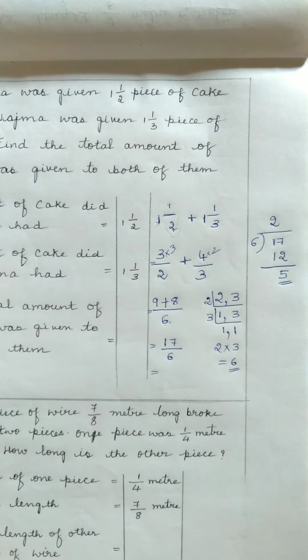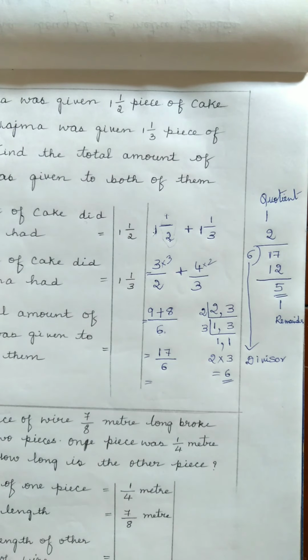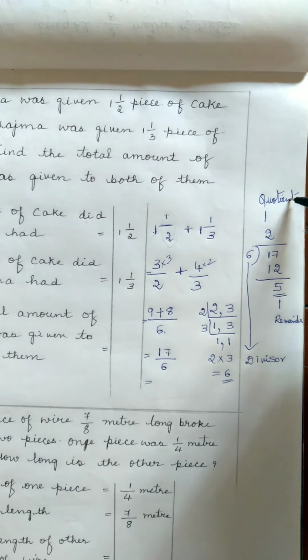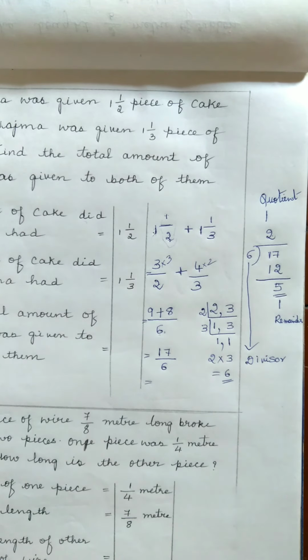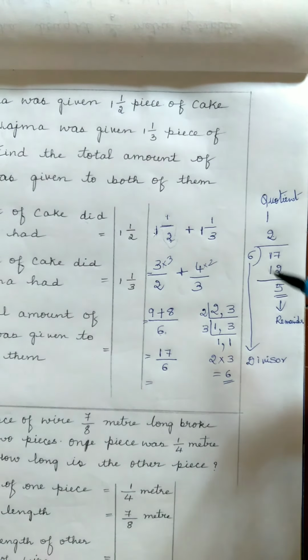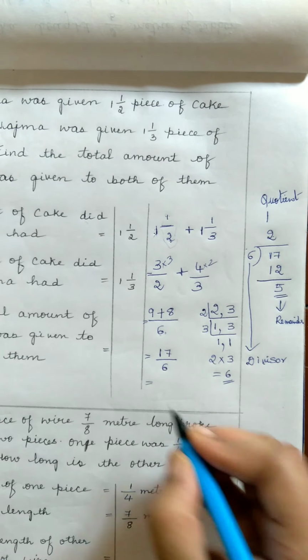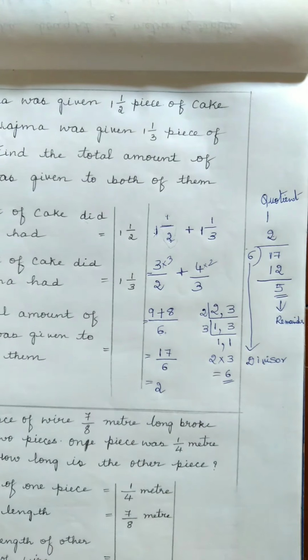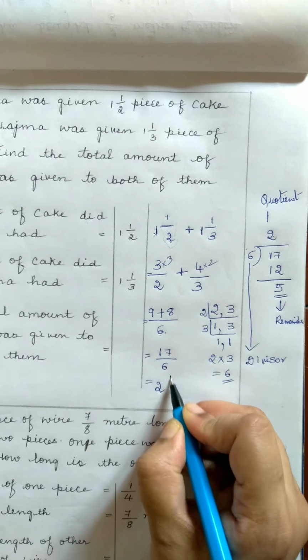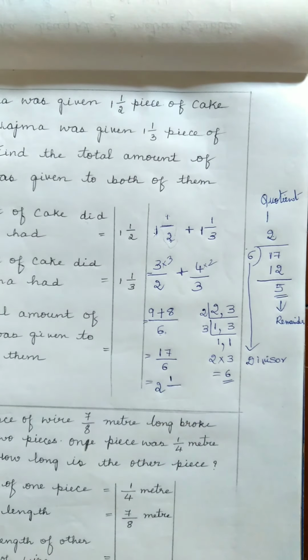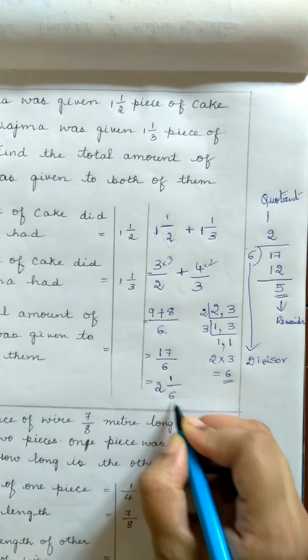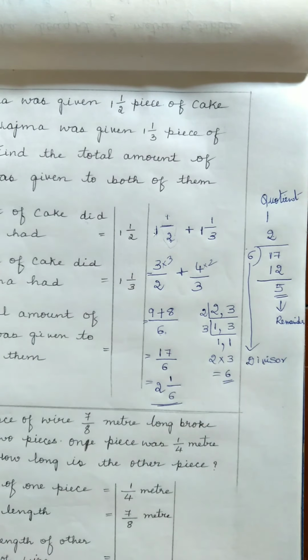Quotient, remainder by divisor. And hence we have 2 as the quotient value, 5 as the remainder value and 6 as the divisor value. So, let us write 2 quotient, remainder 5 by divisor 6. Therefore, we have 2 5 by 6 as the answer.